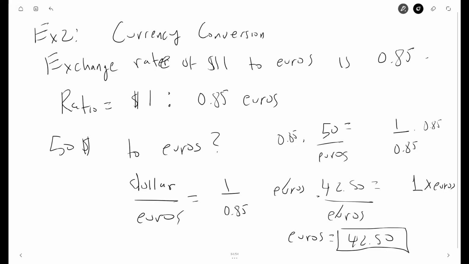That would be our answer, because 1 times euros is just euros.